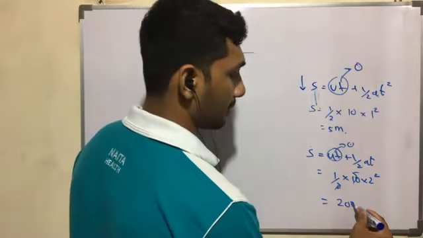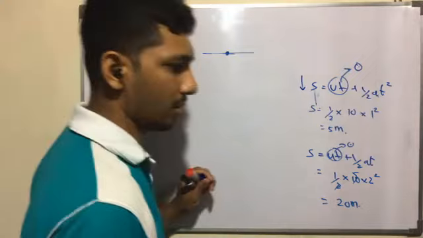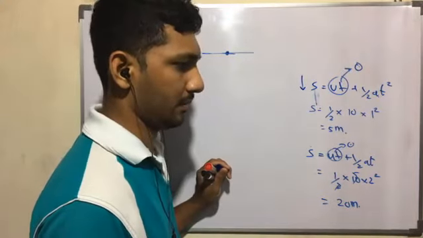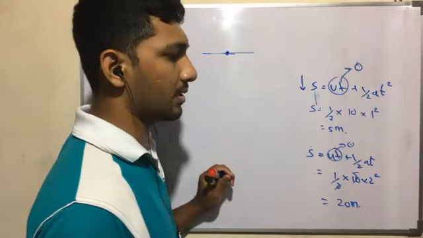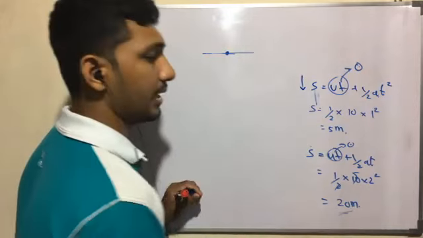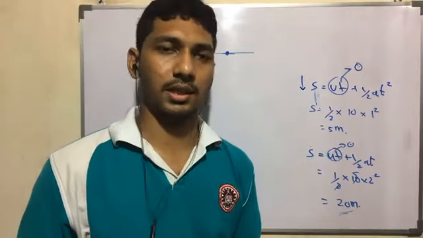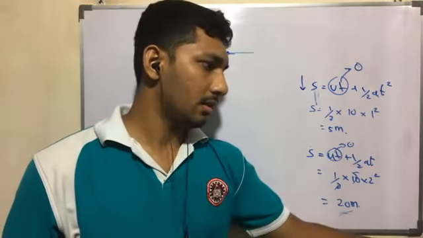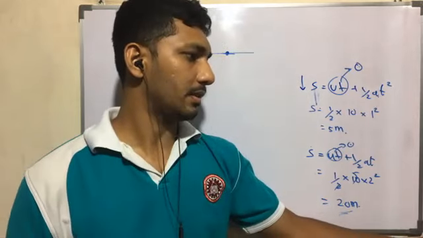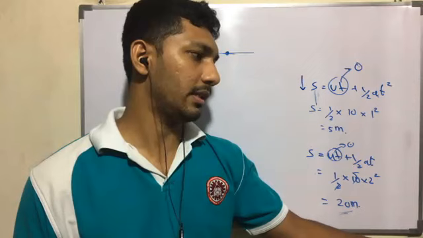Okay, the total displacement is 20 from 0. So the 20 is correctly shown only in the fourth answer. Other answers are wrong. So the fourth answer is the correct answer. So it's a simple question in a different format, using cameras and all. They are just trying to complicate the question, and then fail actually.